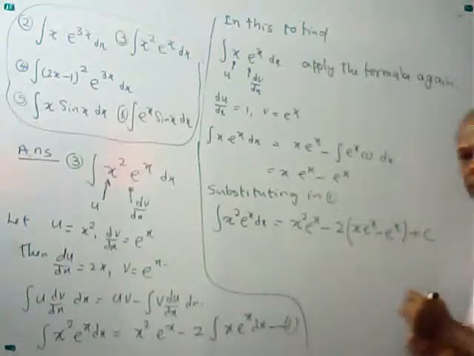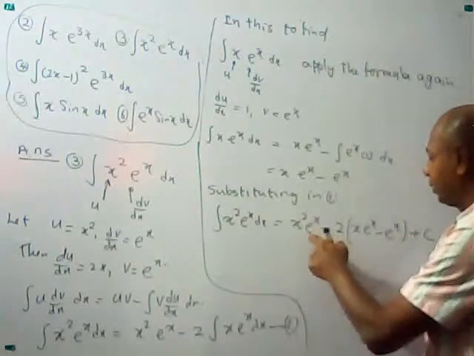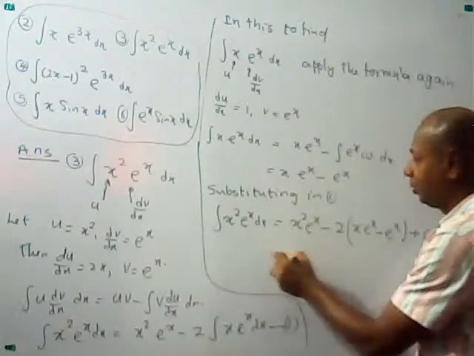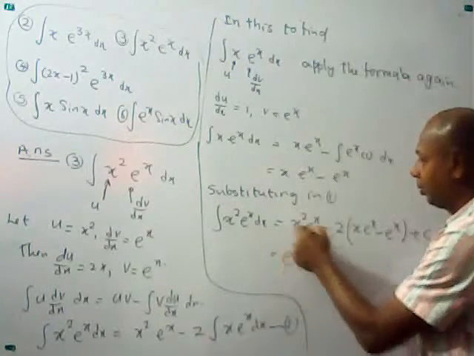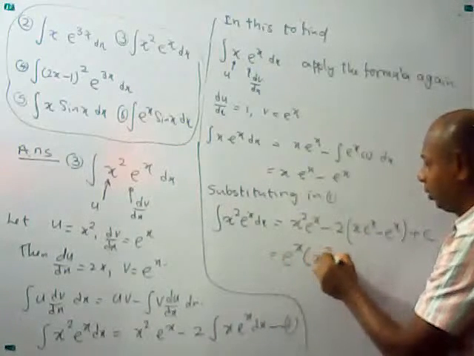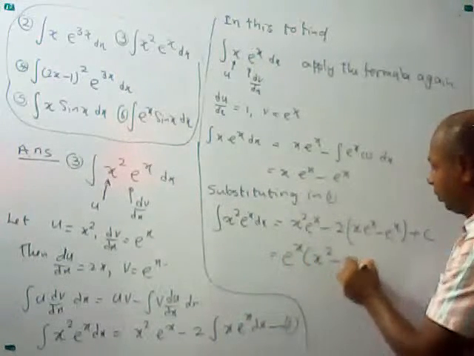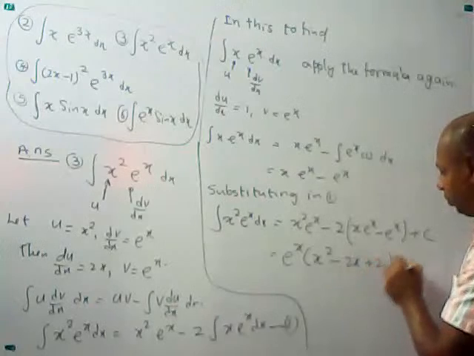It's enough if you write one constant at the end. So take e^x out, e^x is common. That will be equal to e^x (x squared minus 2x plus 2) plus c.